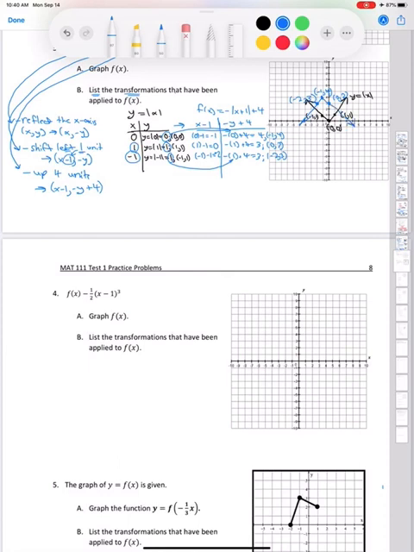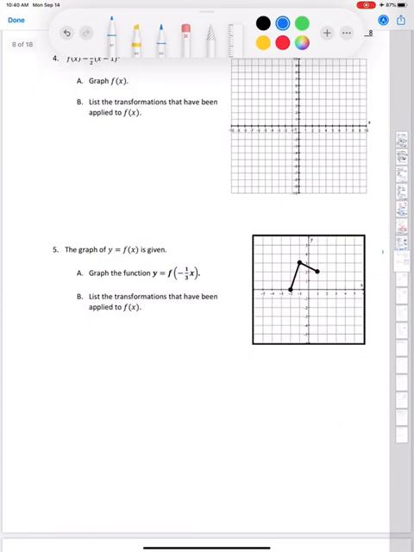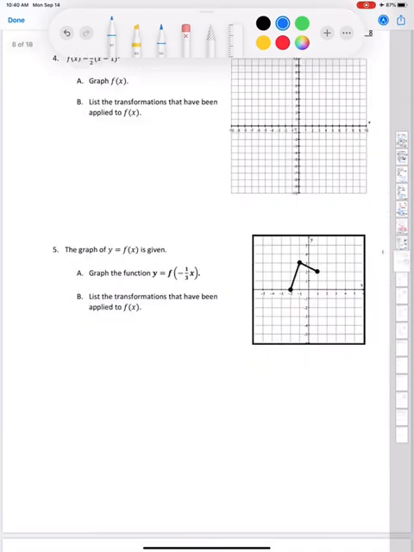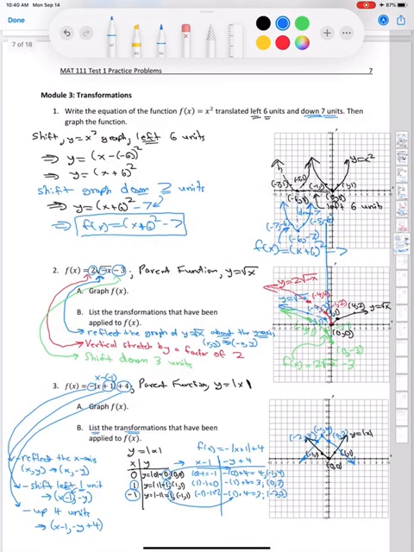You've got that upside-down V shape, but it has been shifted left 1 unit and up 4. But there's our function. Let's go ahead and write that down here on this graph. Let's put f of x here. f of x equals negative absolute value of x plus 1, plus 4.